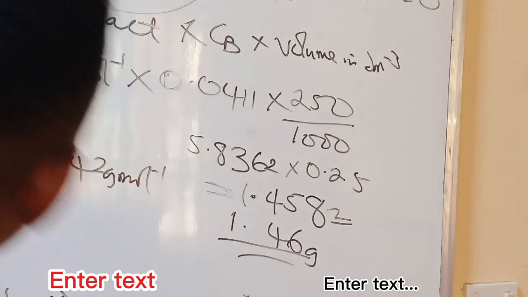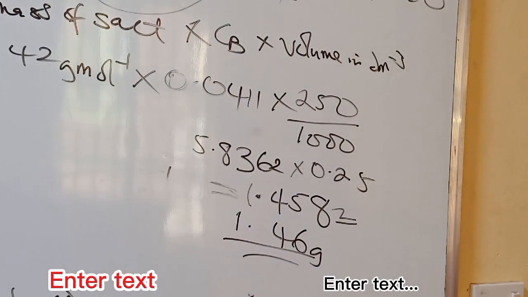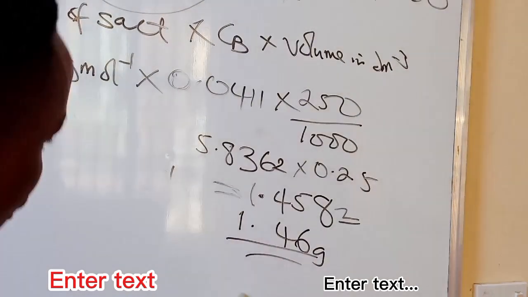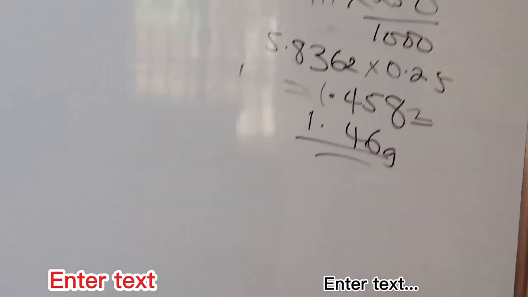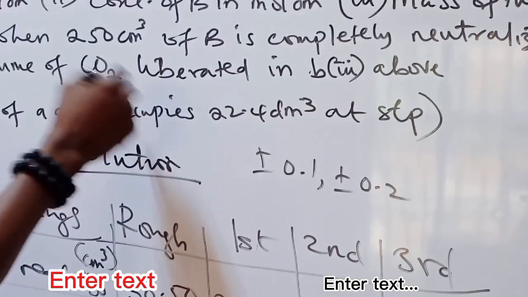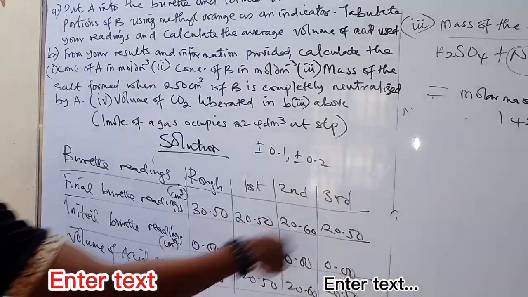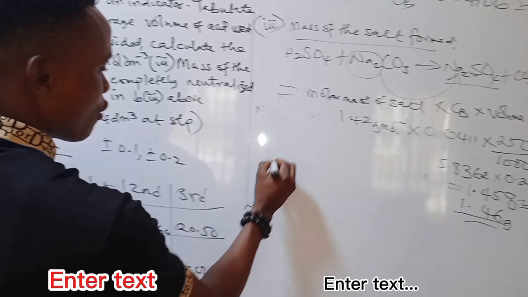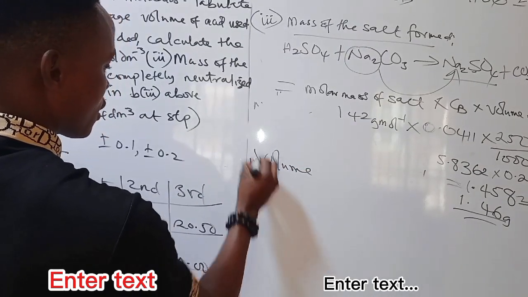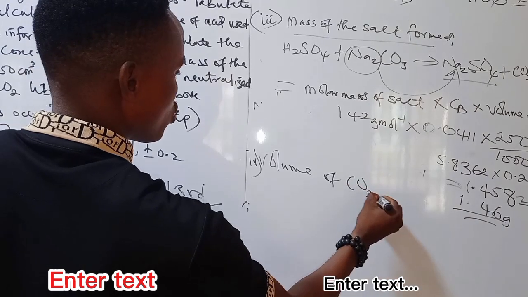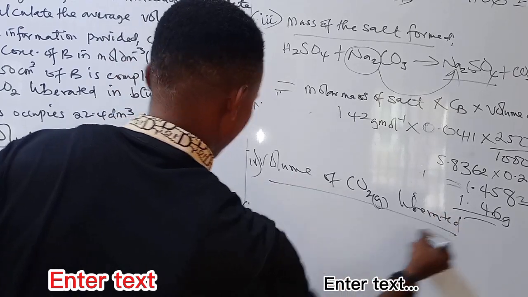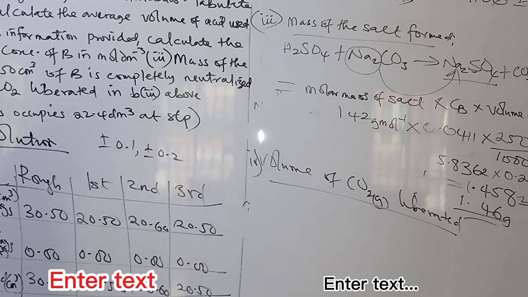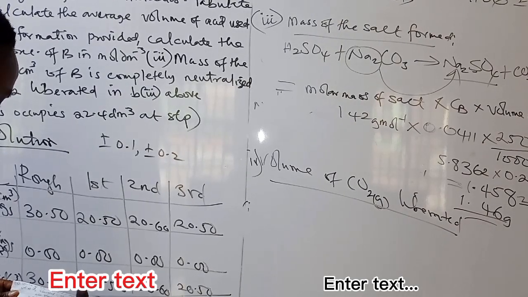Then we can now solve for the last question. The last question says volume of CO2 gas liberated in BII above. So from here, volume of CO2 gas liberated.